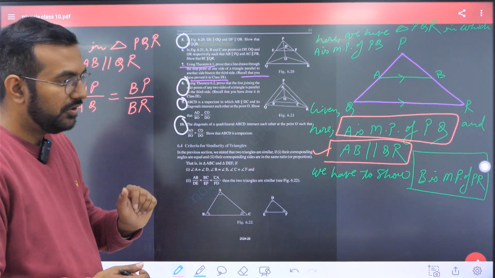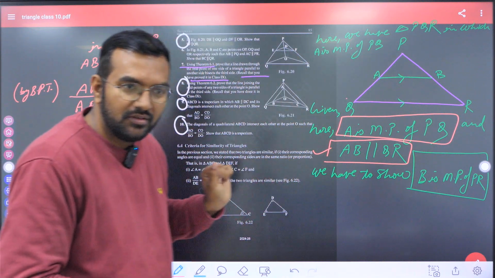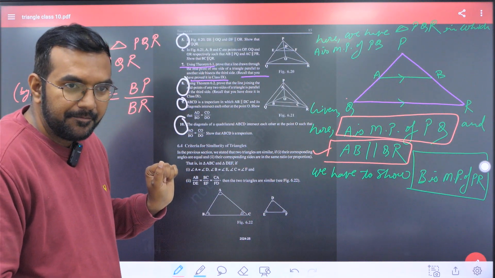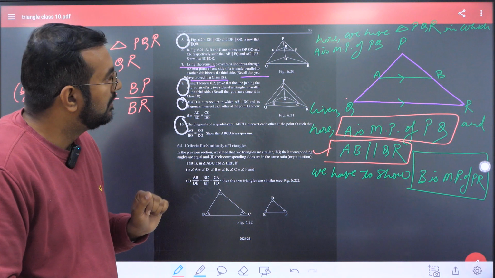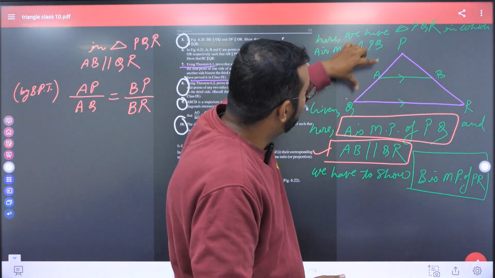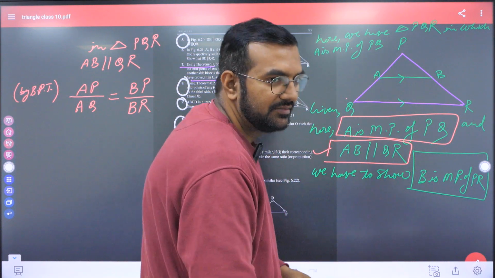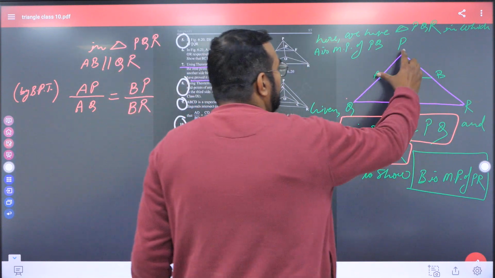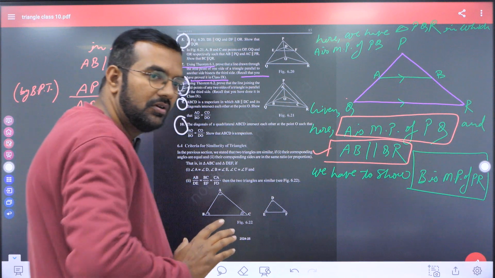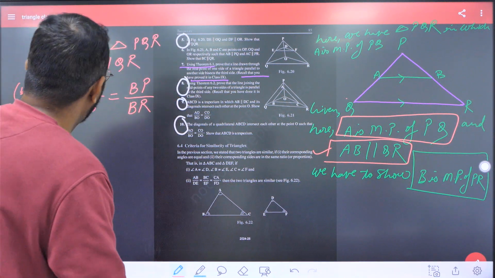If A is the midpoint, that means AP will be equal to AQ. PA is equal to AQ, both are the same thing. AP is equal to AQ because A is the midpoint.